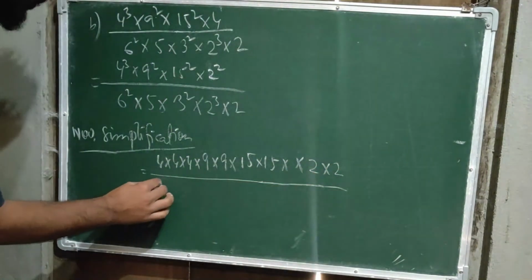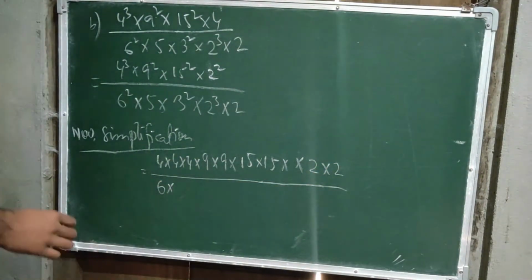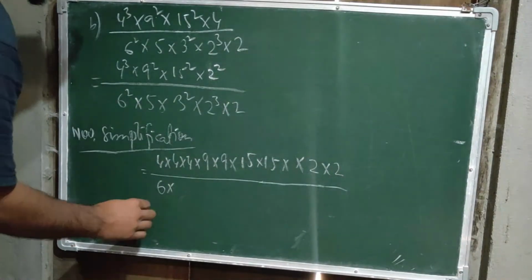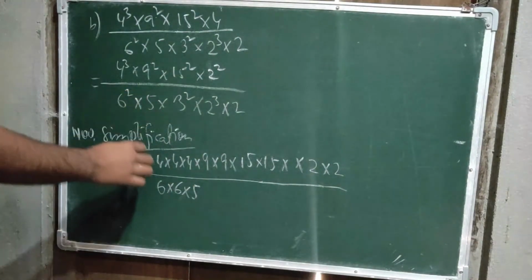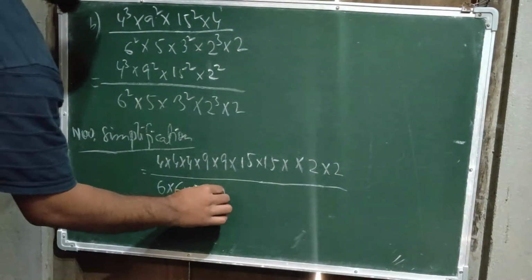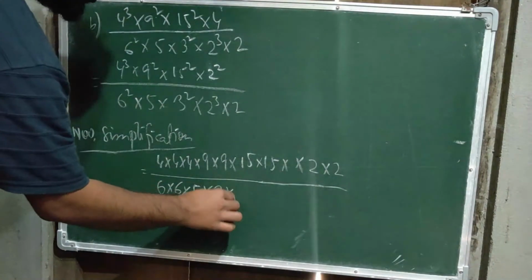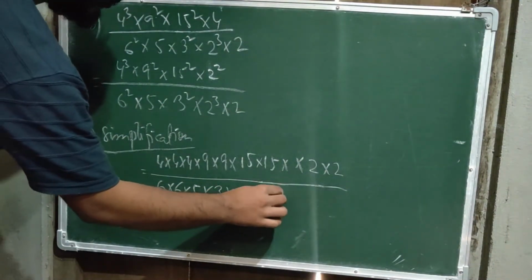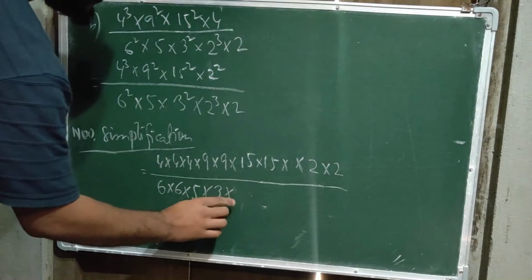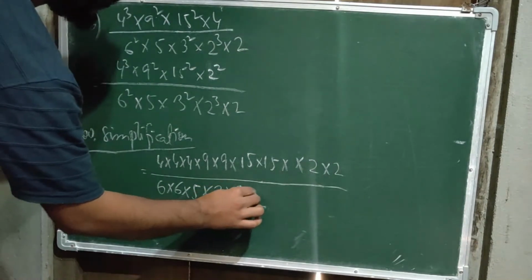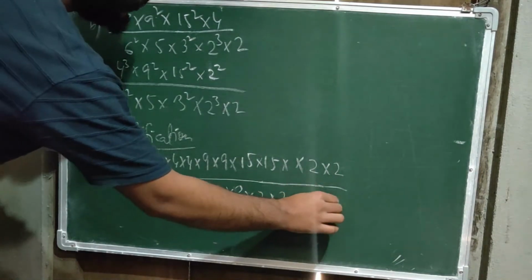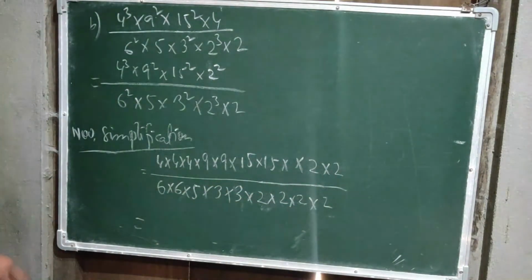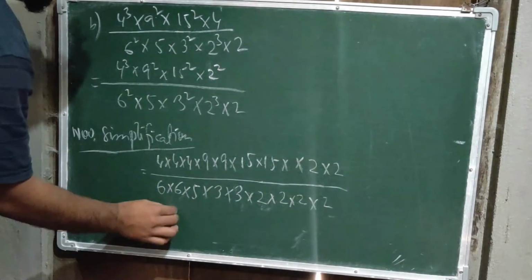Okay, so the denominator will become what? 6 will put 2 times, 5 will put, and 3 will put 2 times, 2 will put 3 times, again 2. When we calculate, we will get 180.